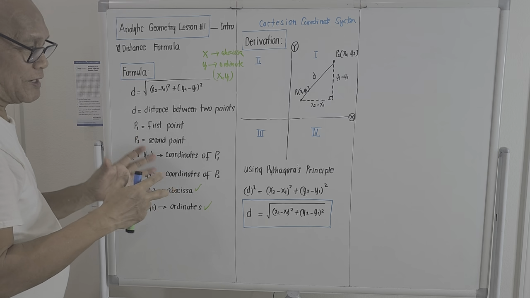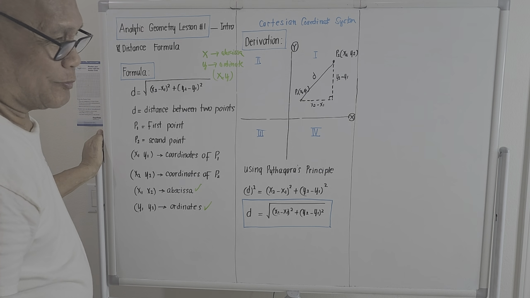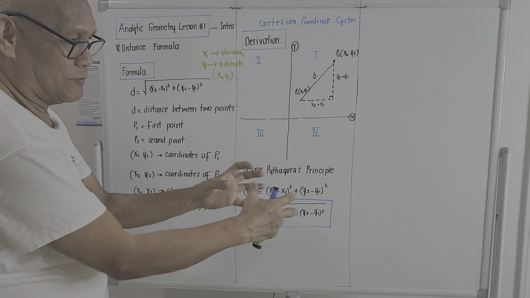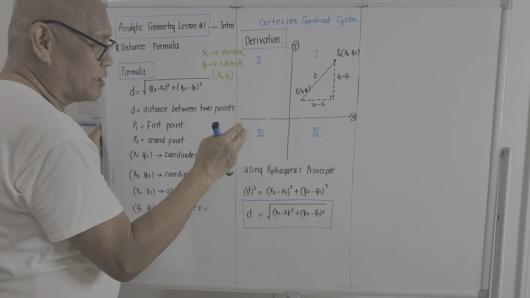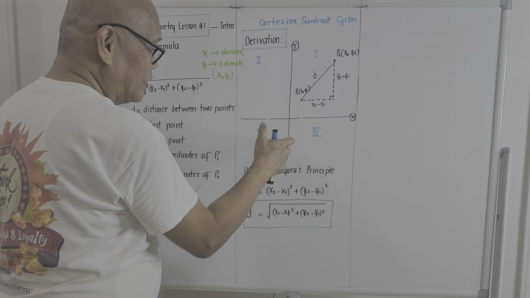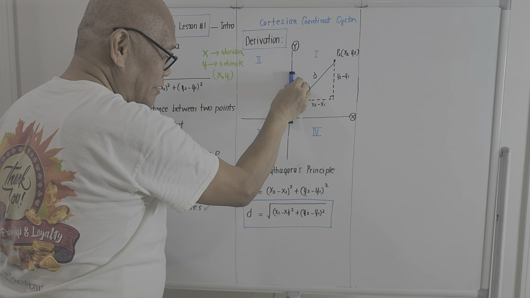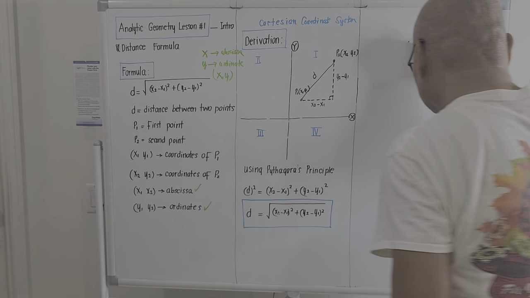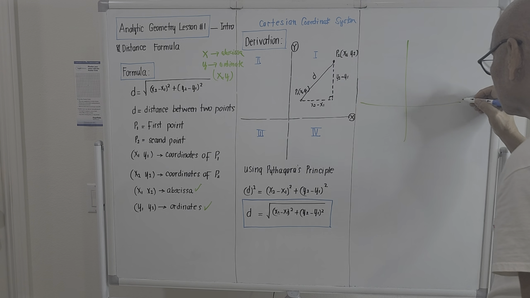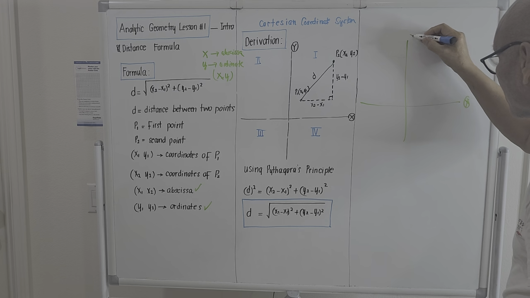Abscissa, actually, if we try to define it, we don't have to place the definition of abscissa on the board. Abscissa is just the horizontal distance of a point with respect to the y-axis, horizontal distance. Like this one here. This is x, this is y, right?